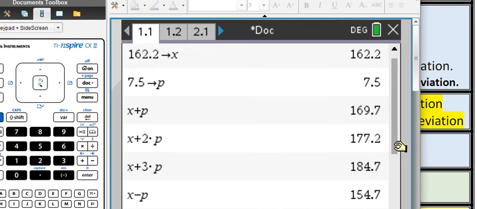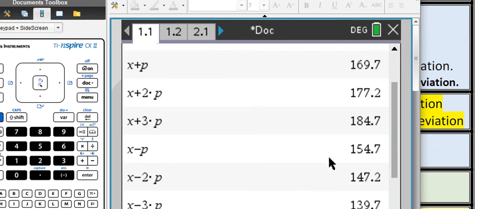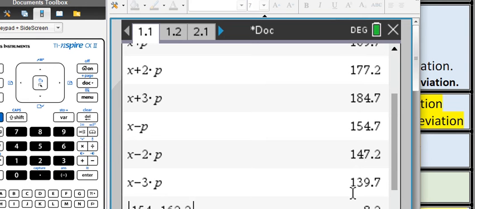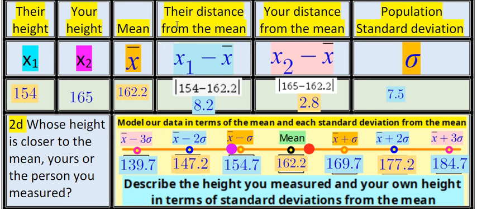Go to the other side, one deviation below the mean, 154.7, two deviations, 147.2, three deviations, 139.7.